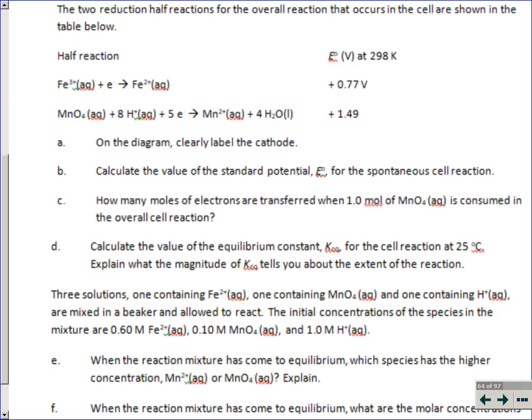What's n in this case? 5. So you're just double checking, right? Because it's 5 and 1, and the total moles of electrons would be 5. I think you guys could do all that. What's the R constant here? 8.3. Ooh, we got the energy one.